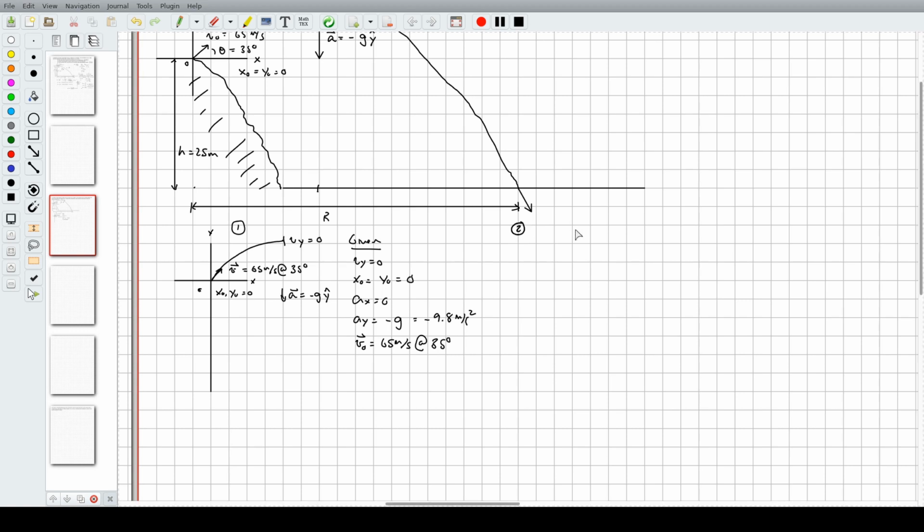The second part has us starting from the top, we'll say, of the flight, right here, and then falling down from there to hit the ground like that, right? So for this one, this is the y-axis, this is the x-axis.